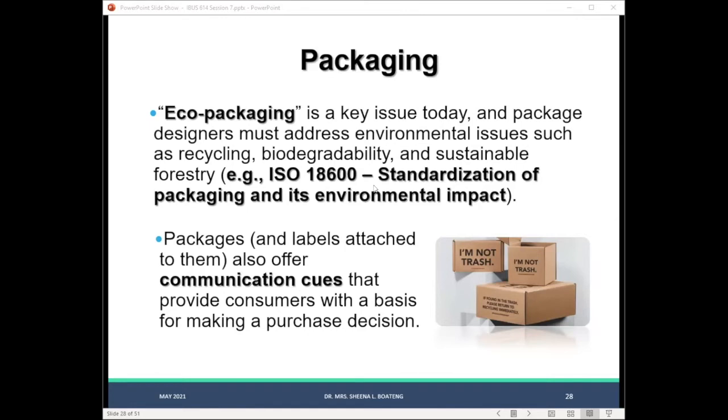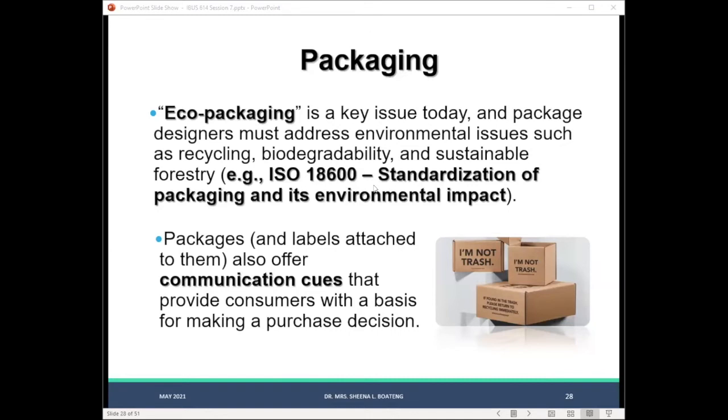So depending on the market that you are entering into and the rules that apply there, there are certain levels of standardization that have to be observed when it comes to your packaging and how the labeling on the packaging is also done. Now that of the ISO organization, which is the International Organization for Standards, is the ISO 18,600, which has to do with the standardization of packaging and its environmental impact.